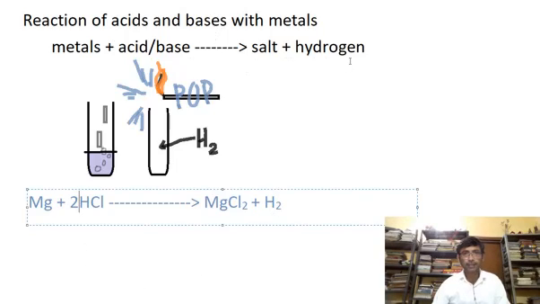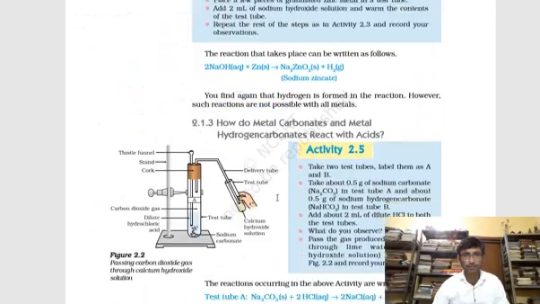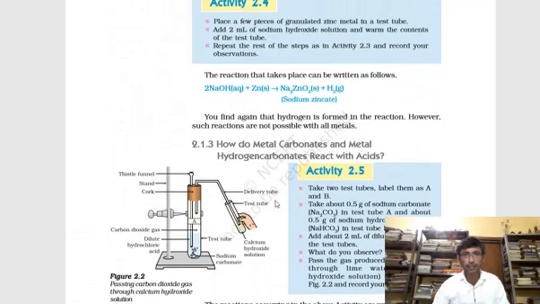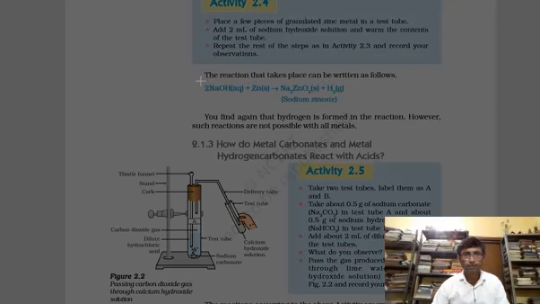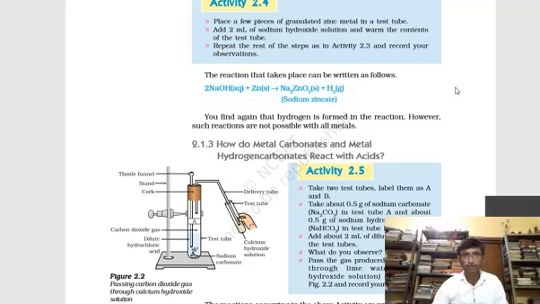If we need an example of a reaction of metal with a base, we can take that example right from your NCERT textbook. It is there in your NCERT textbook. We'll just take it from there. So this is the reaction, and we are going to use it over here.